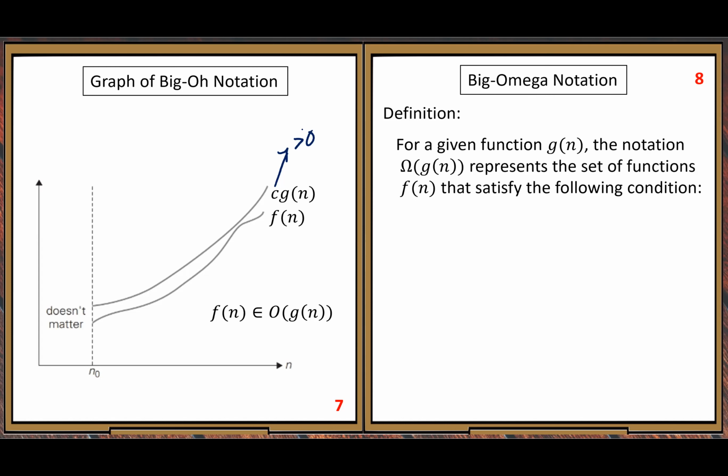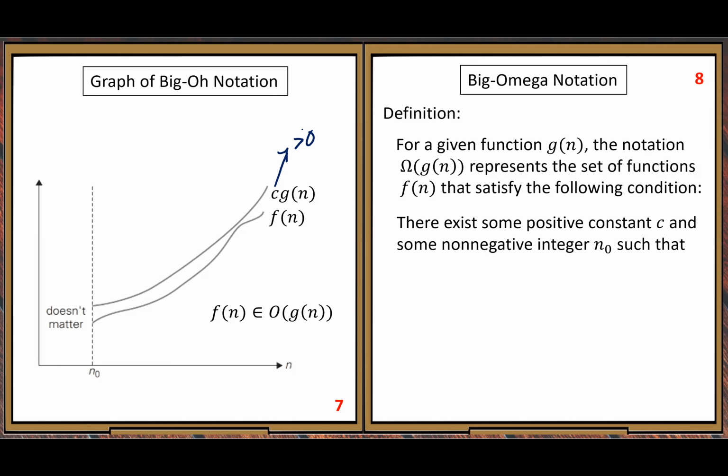the notation big omega of g of n represents the set of functions f of n that satisfy the following condition. Inequality: there exists some positive constant c and some non-negative integer n0. You can see the environment setup is the same as before. The difference is this inequality. F of n has a lower bound.